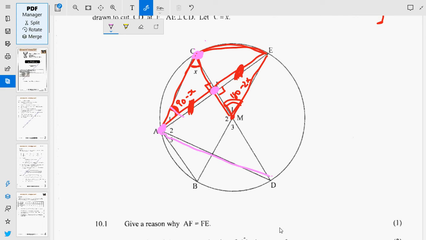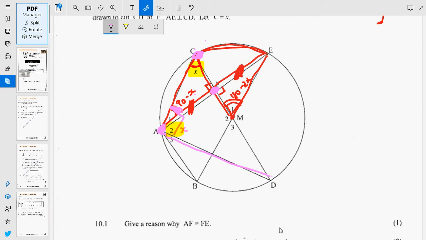So this whole angle here is 90 degrees. But already I have that this little portion is 90 minus x. So in order for the whole thing to be 90, I must have this equal to x. Now you can see that this angle is equal to this angle. So I've got the angle between the chord and the tangent equal to the angle in the alternate segment. So then AD is a tangent.